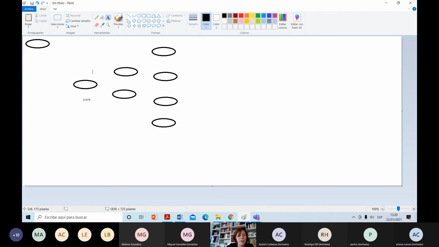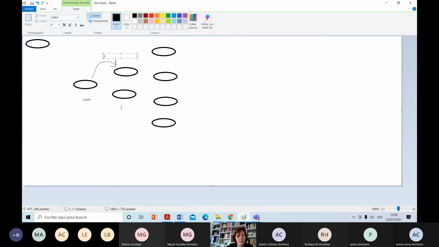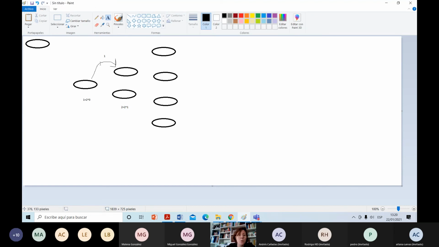So each time we've got a division, the number of cells is the result of elevating 2 to the power of the number of divisions. 1 division, 2 to the power of 1, 2 cells. Another division, 2 to the power of 2, 4 cells. Another division, 2 to the power of 3, 8 cells, and so on.